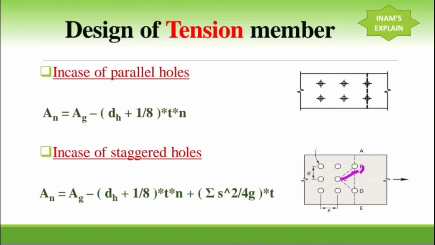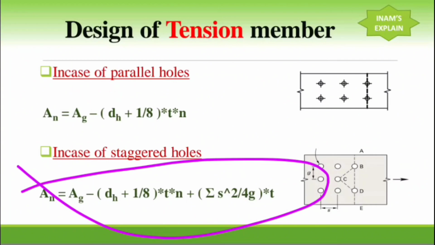If the failure plane is this, a b c d e, then the inclined paths are 2. So instead of the summation we will use 2 s squared divided by 4g, times t. So this will be the net area in case of staggered holes.